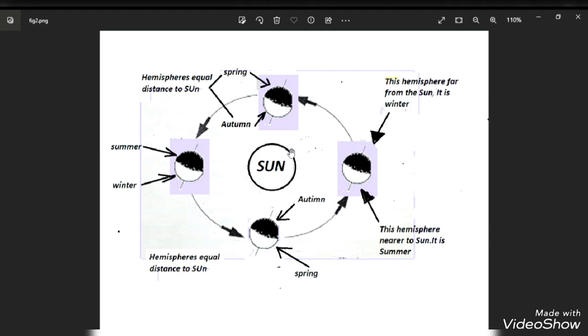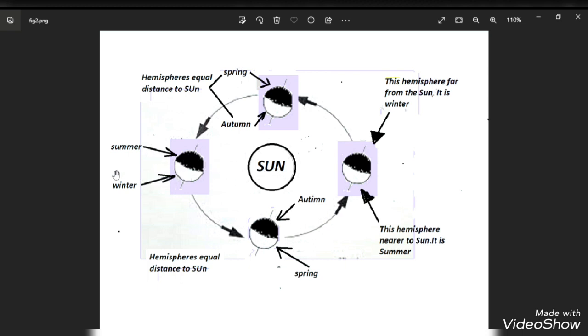In this position, as you see, the sun is perpendicular to their positions. No difference between this hemisphere and this hemisphere. The rays of the sun are perpendicular, and since we are coming from the winter, here is going to be spring, and here is going to be autumn. Coming to this next position, here is now nearer to the sun.